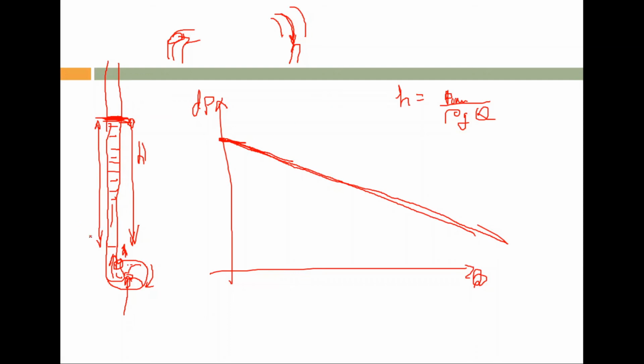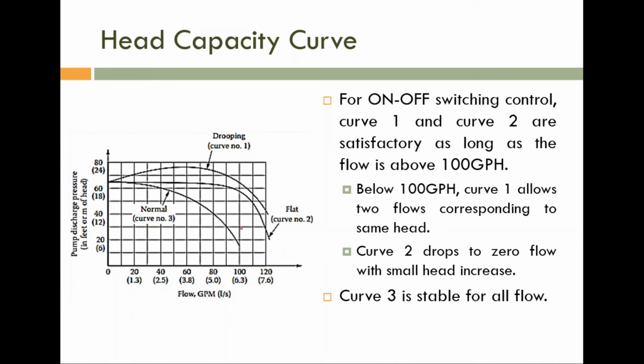So practically what we can see is, in some pumps you can see this type of curve, in some situations you can see this type of curve, and in some pumps this type of curve. Okay, so these are the three different curves that you can see. This top one is the dropping curve. In some pump applications you can see this type of curve. It is known as the dropping curve. In some pump applications, the curve is flat up to a particular point, then it decreases.